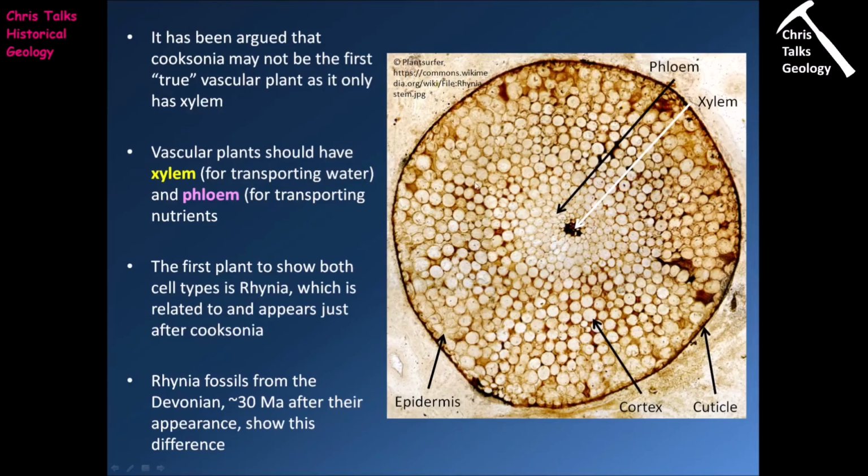These are essentially the packing cells that help to keep the stem rigid. And then we have the phloem cells and the xylem cells, which are for transporting nutrients and water respectively. So we can see in this thin section we have all the cells that we would expect from a standard vascular plant. So there is some argument to say that the first proper vascular plant wasn't Cooksonia, but was instead Rhynia.